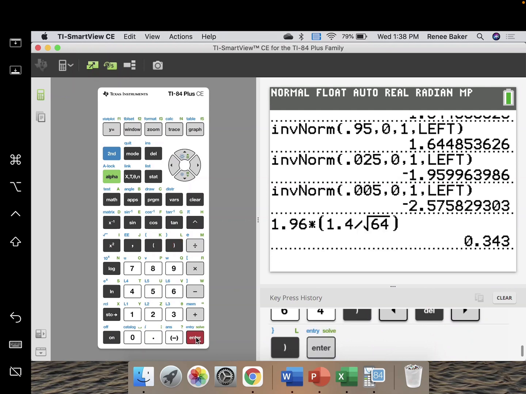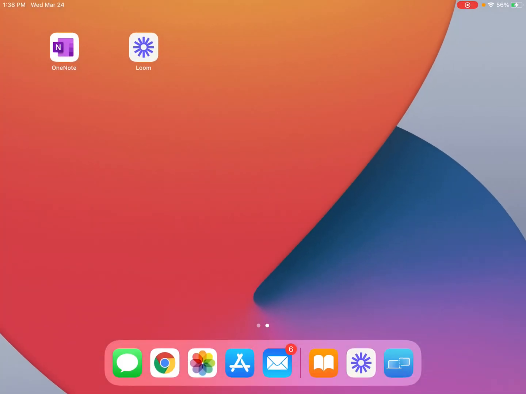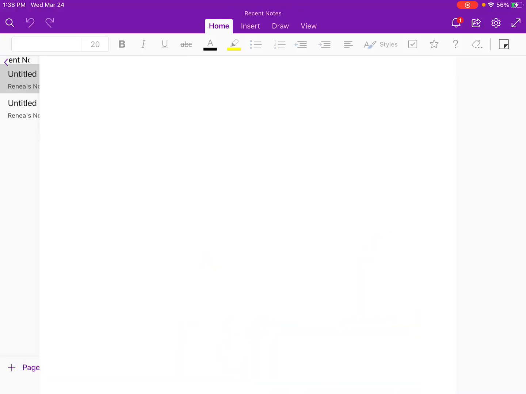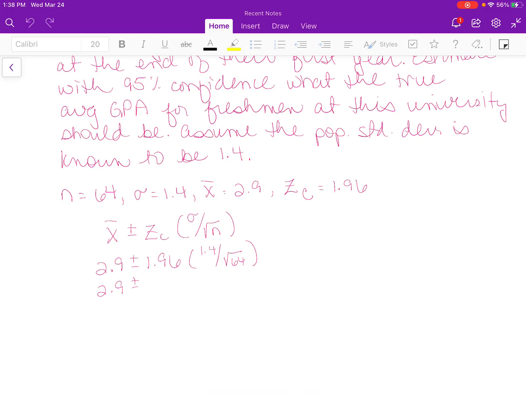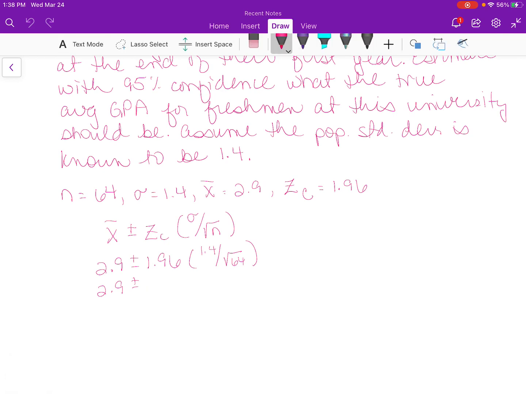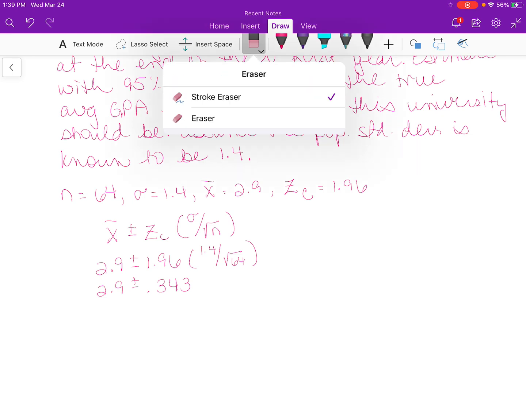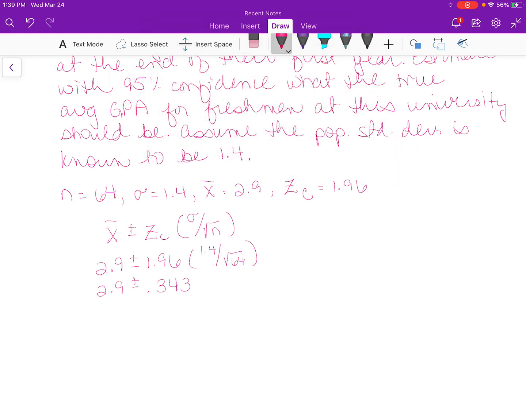So 0.343. So what that tells you is that the sampling error is 0.343.